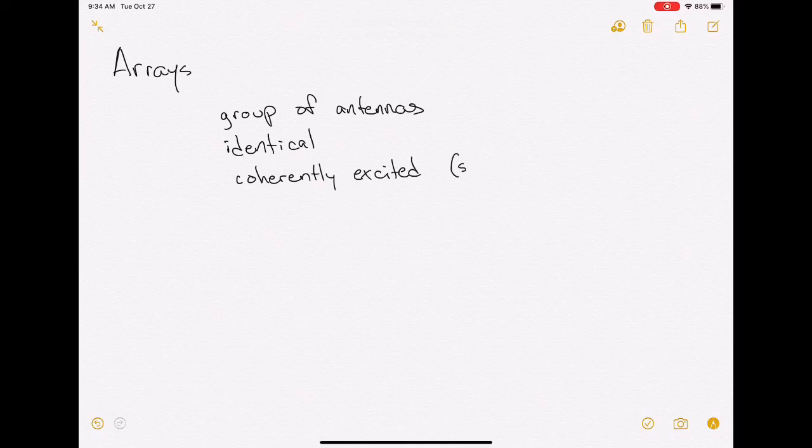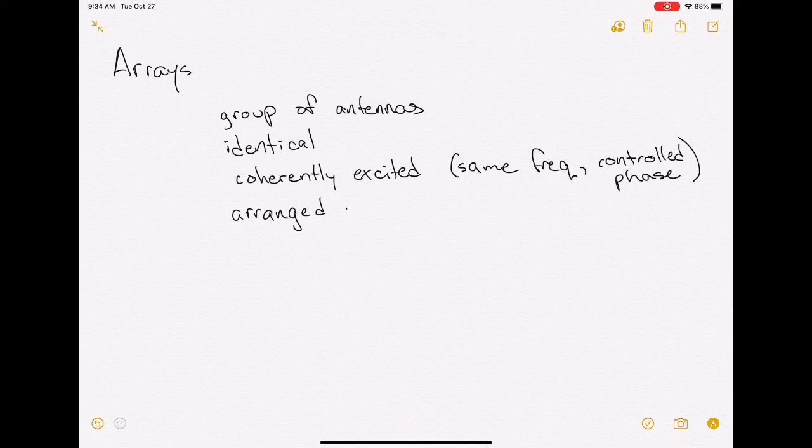That means exactly the same frequency and a controlled phase relationship, and arranged in some sort of intentional positions. Usually they're in a regular grid of some kind, but not always.